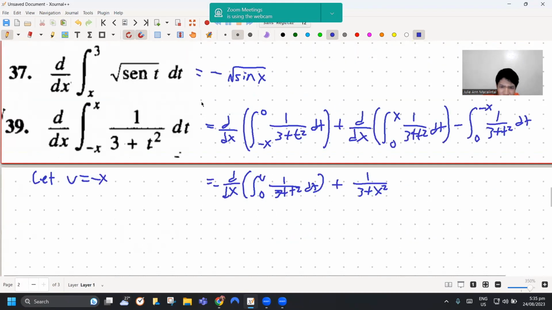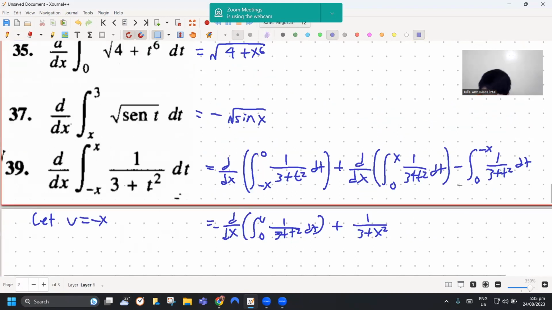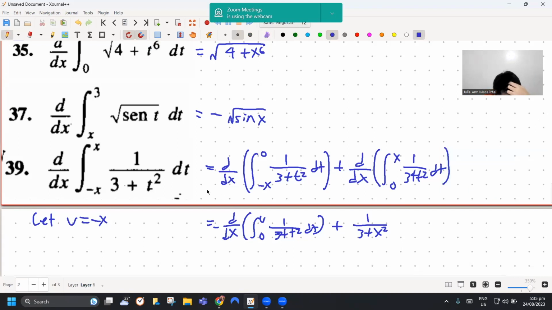Walang third term yan. Tingnan mo yung line above. Yung two terms na yan, that's actually negative x to 0 and then 0 to x. That's negative x to x.